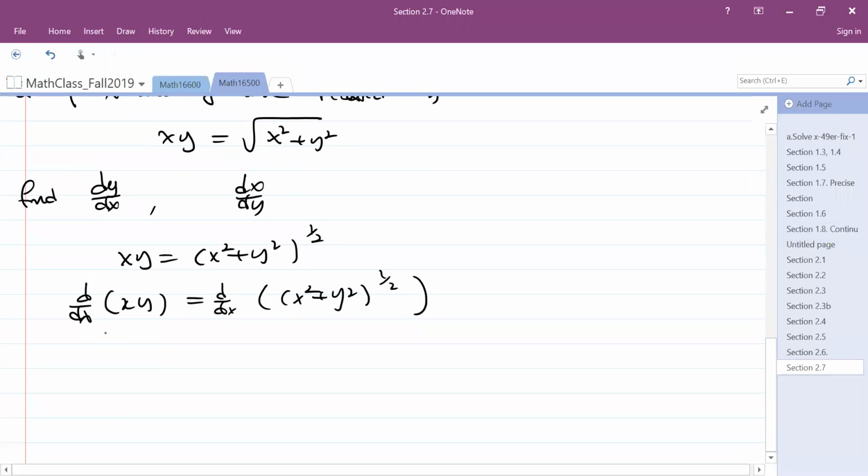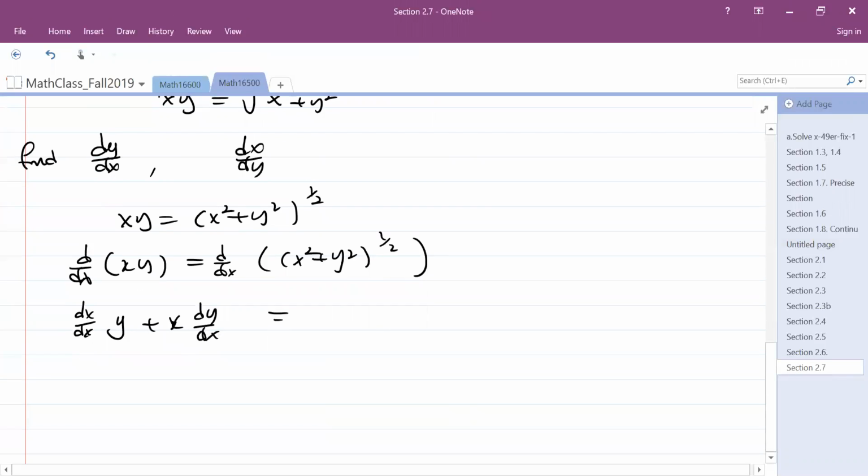For the first one, x times y is a product rule. So you have two functions here. x is a function of x. y is a function of x. So by the product rule, it's going to be the derivative of x with respect to x and the derivative of y with respect to x. The right-hand side, you have to use the chain rule.